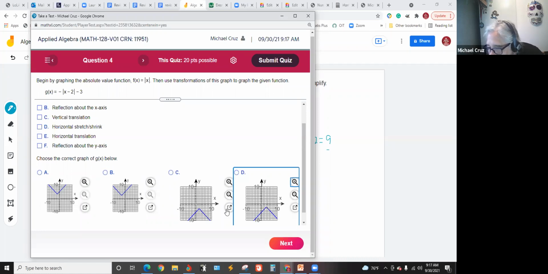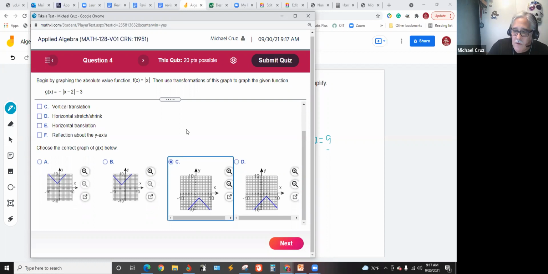Oh, this one's only going down 2, so it's this one. They got them mixed up. This one is 2 down and 3 over, and then this one is the right one. All right. Any questions about that? So you kind of got to pay attention to some detail on this one.